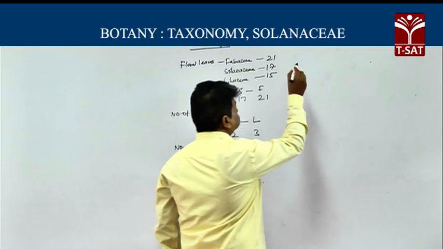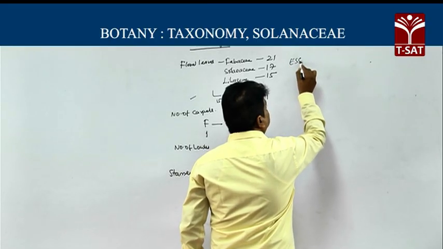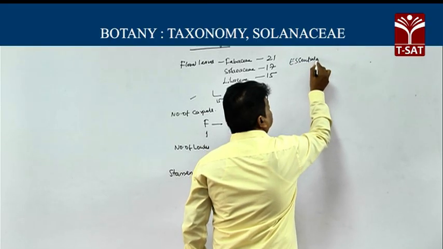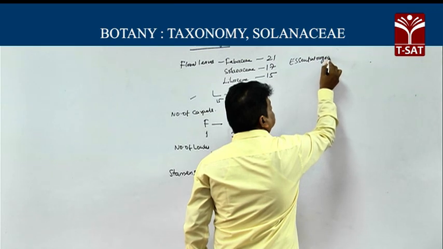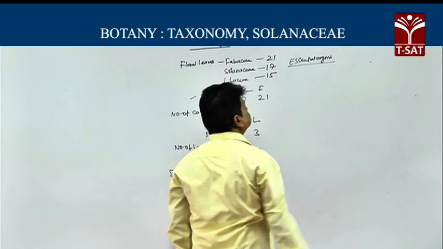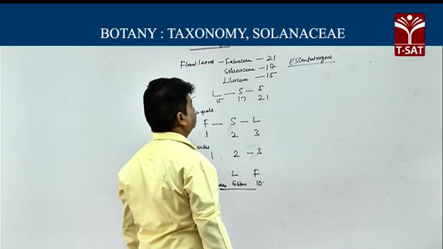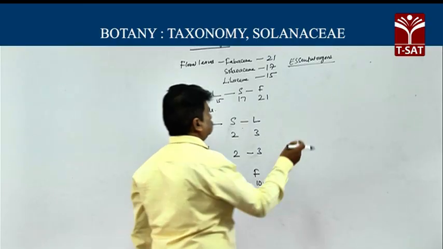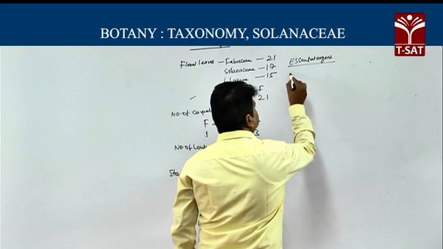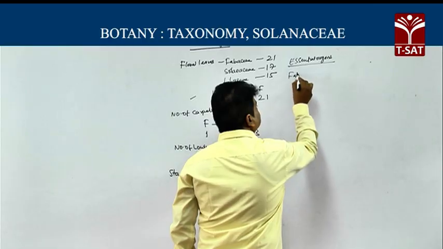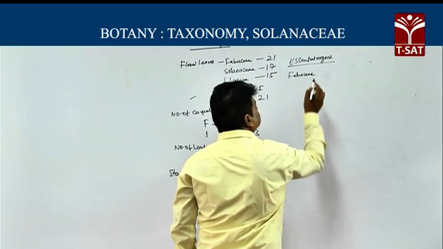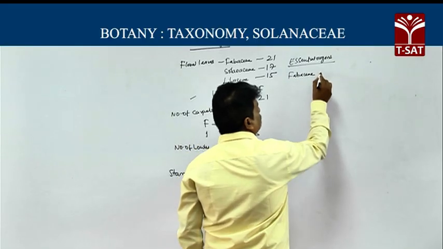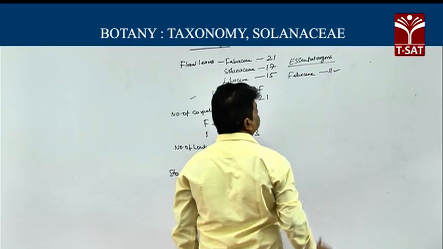The next one, based on essential organs. Your essential organs: Fabaceae, stamens 10, carpel 1, so 11.